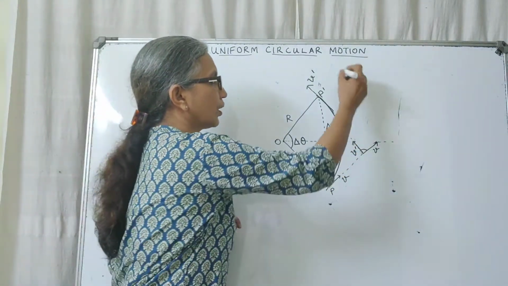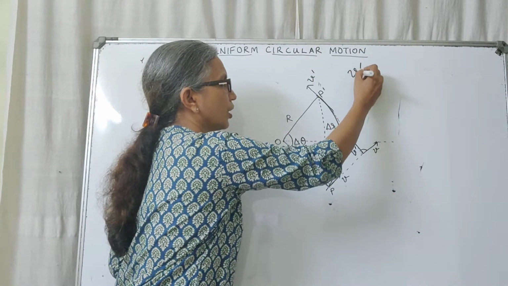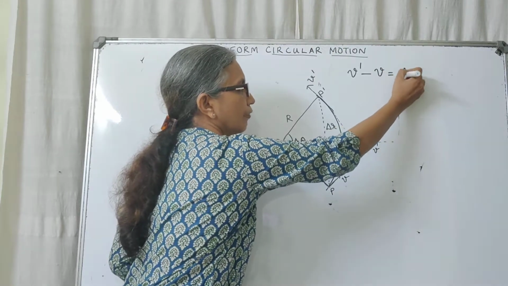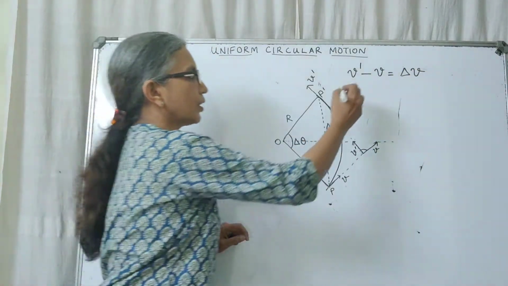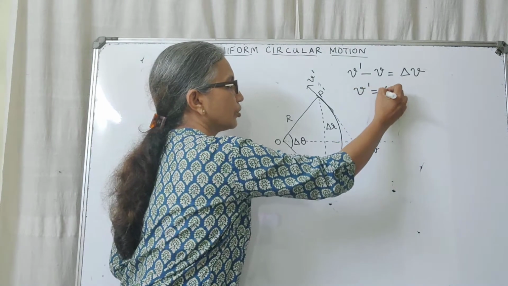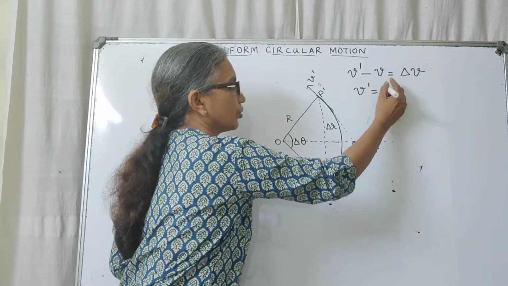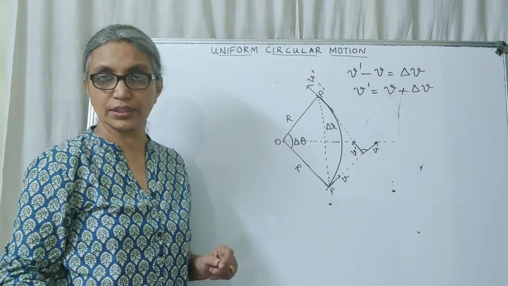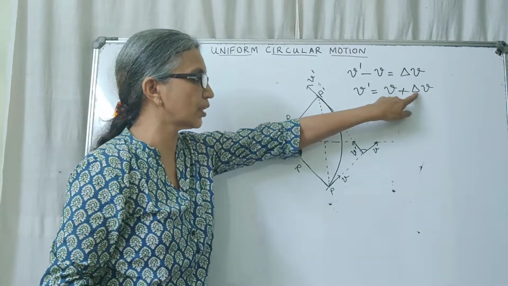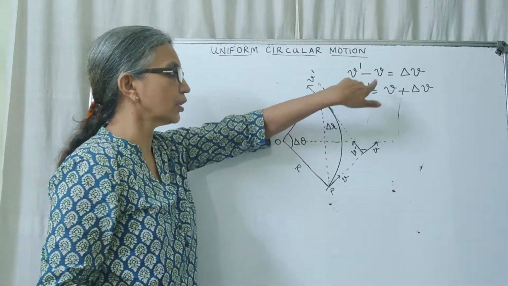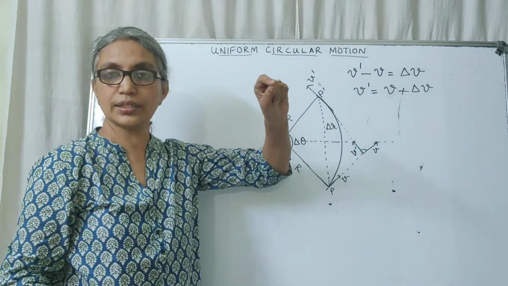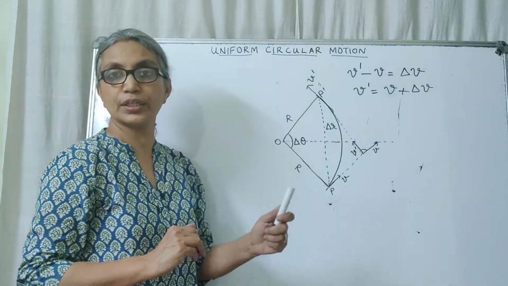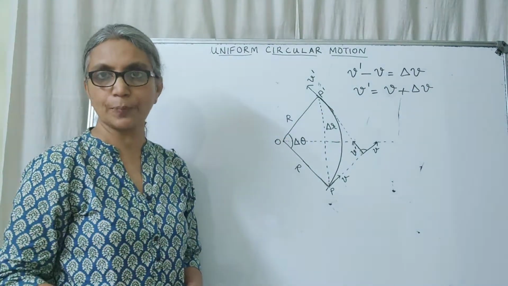Now here you may write the final velocity v dash minus the initial velocity v is equal to delta v, right? Or I may rewrite it as v dash is equal to v plus delta v. From the triangular law of vector addition, we know that if two vectors are added and this is their resultant, the two vectors that are added are taken as the adjacent sides of a triangle taken in the same order, and the resultant is given by the third side taken in the opposite order.